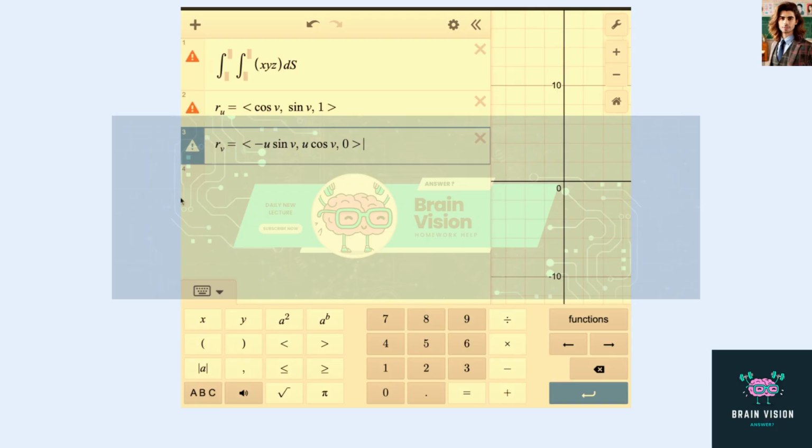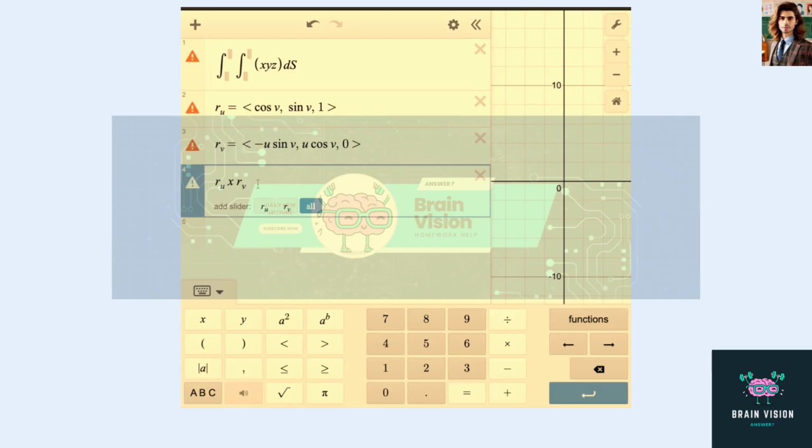And then based on that, we can take the cross product of those. We do ru cross, we'll just do an x to make it look like that, rv.